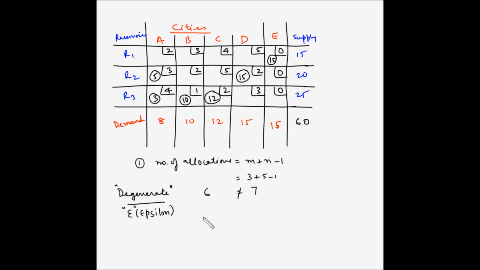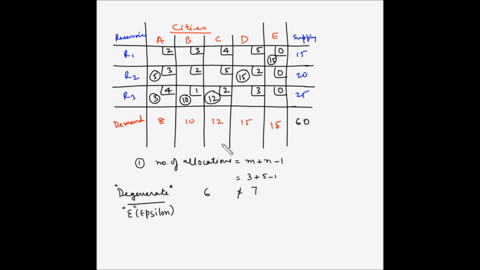And since the value of epsilon is considered so small, it should not have any impact on the supply and demand constraints that we have been given. And the value of epsilon for all calculation purposes should be assumed to be 0.